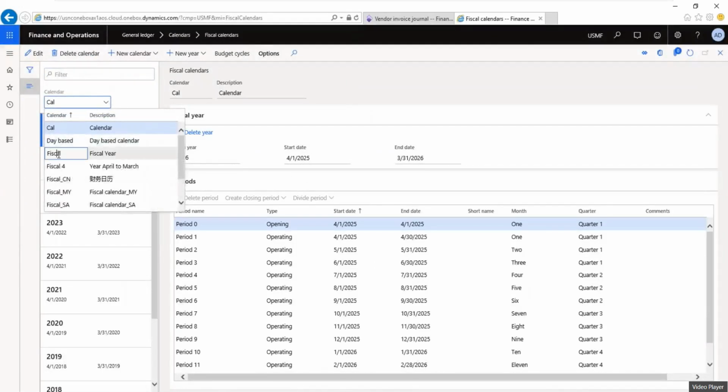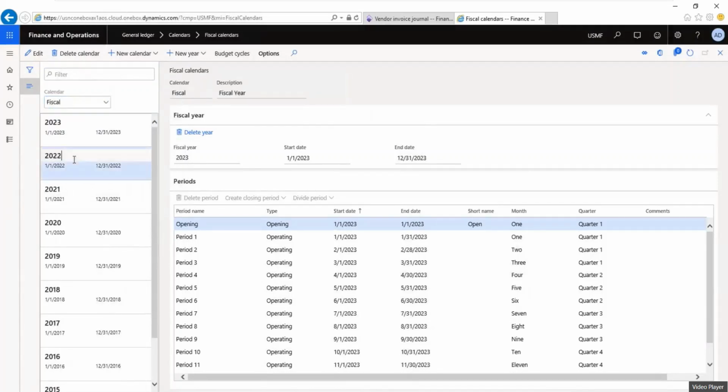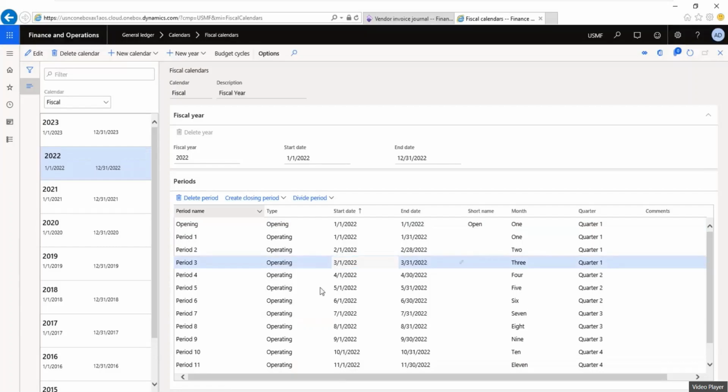This is the calendar name. And in this calendar, the financial year related to the current month, March 22, should exist. So this period should exist. If it is not there, you have to click on New year, and it will create it automatically.